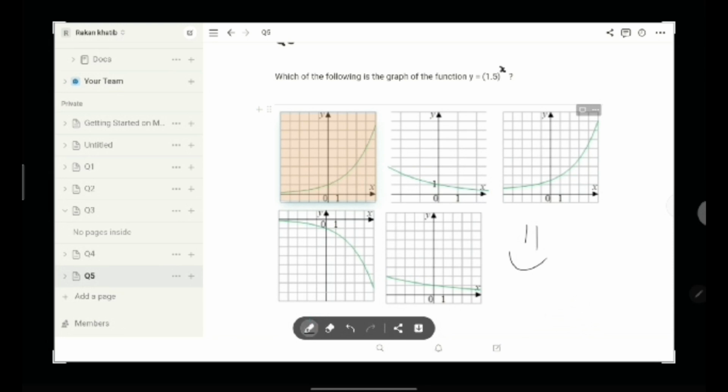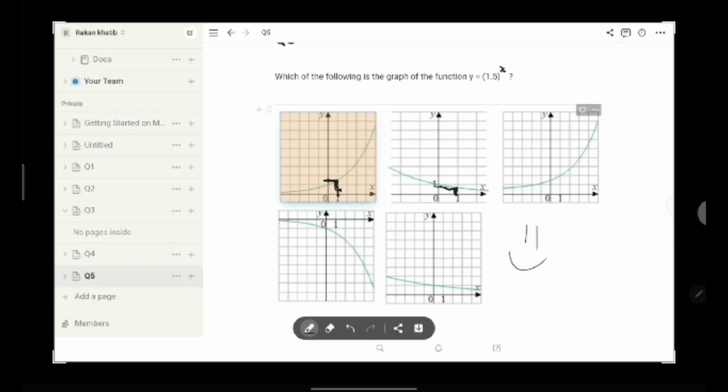So when x is 1 over here, this should be 1.5, and you can see that's correct over here. I can double check that, and I'll do that in a second. But here, for example, it's around the 0.8 mark, so that doesn't work, and so on and so forth for every other question.